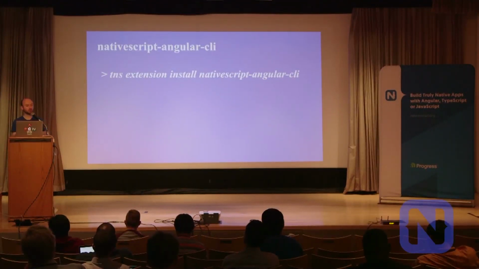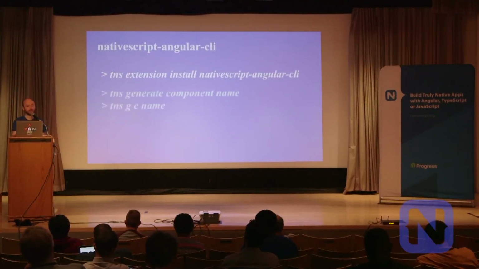In order to install it, you just have to run tns extension install and then provide a name. This will add additional commands to your CLI, which at the moment are specific to Angular. And then you can run commands like this. If you want to create a new component, you can just run tns generate component name, or for short, tns gc name, and that will generate the component of that name.